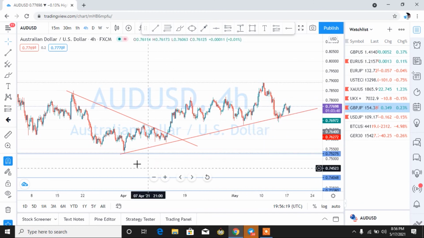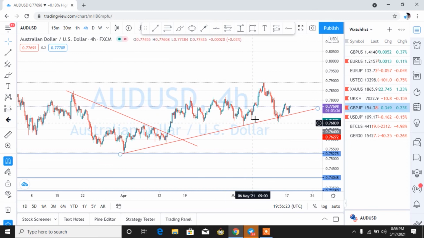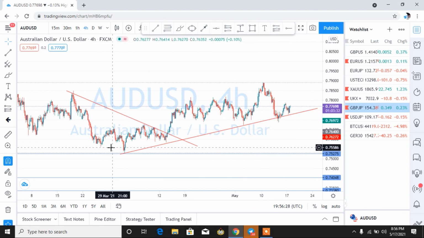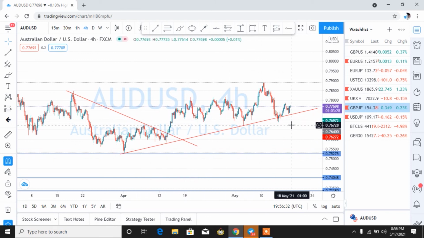We have the first touch, the second touch, the third touch, and the fourth touch. There was a first breakout of the trend line. So the higher the touch is, the more valid the trend line becomes. It becomes stronger when there are more touches to the trend line. When there is more rejection from the trend line, it becomes stronger and more valid.